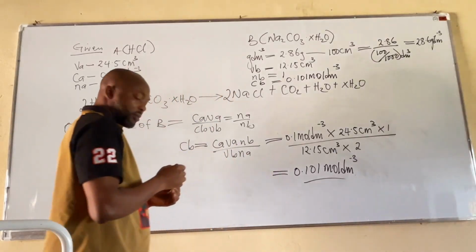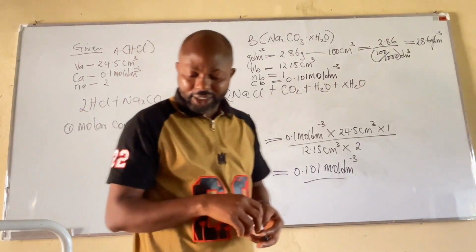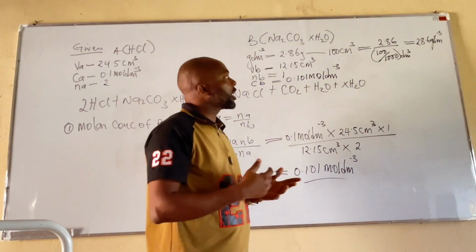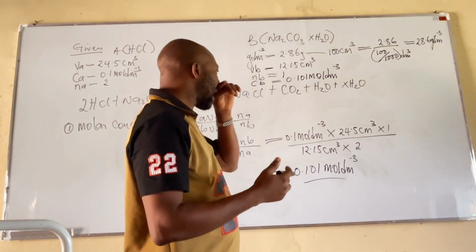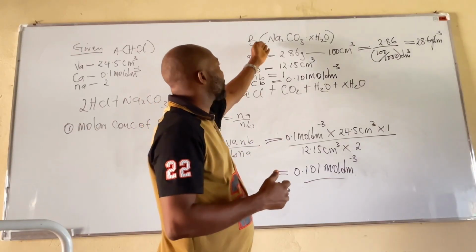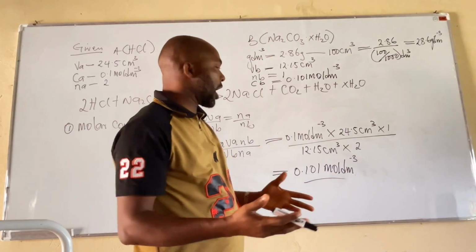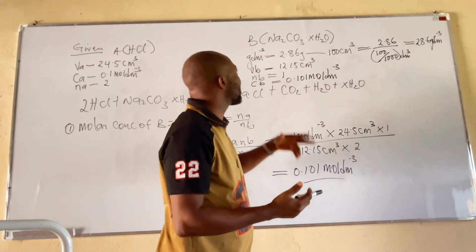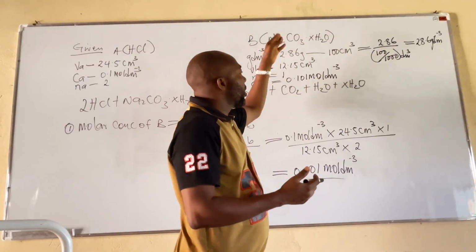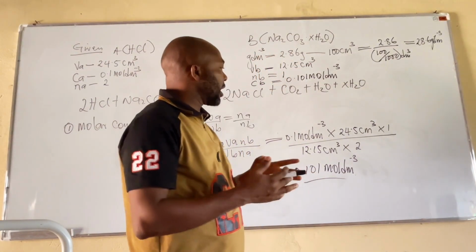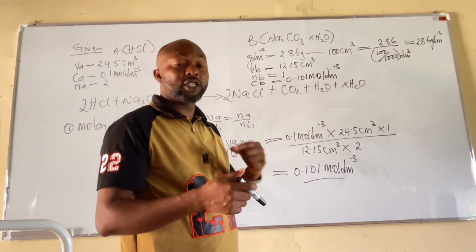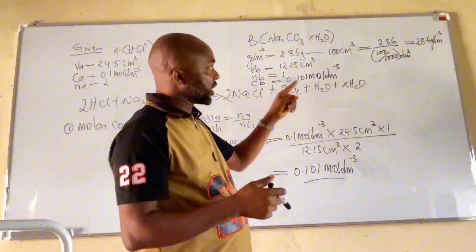The next thing is the number of moles of water of crystallization. For me to get the number of moles of water of crystallization, I must get the mass concentration of the anhydrous. And how am I going to do that? I have to use the molar concentration times the relative molecular mass of the anhydrous. Remember, I told us earlier that in this calculation, the mass concentration of the anhydrous must be lower than that of the hydrated.